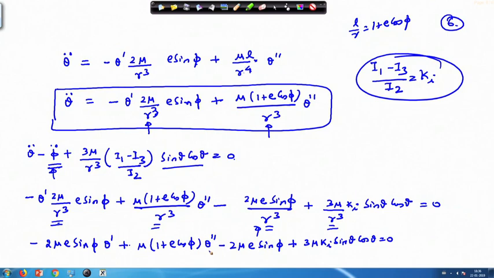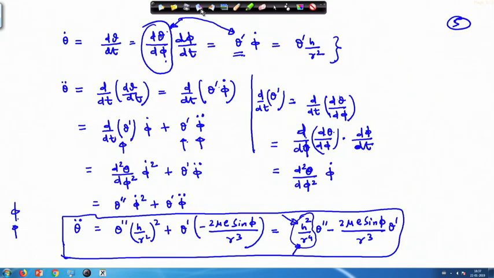So, we can see that this is the second derivative term. We can write here in the beginning 1 plus E cos phi times theta double dot, and then anywhere the phi prime term we have to include.